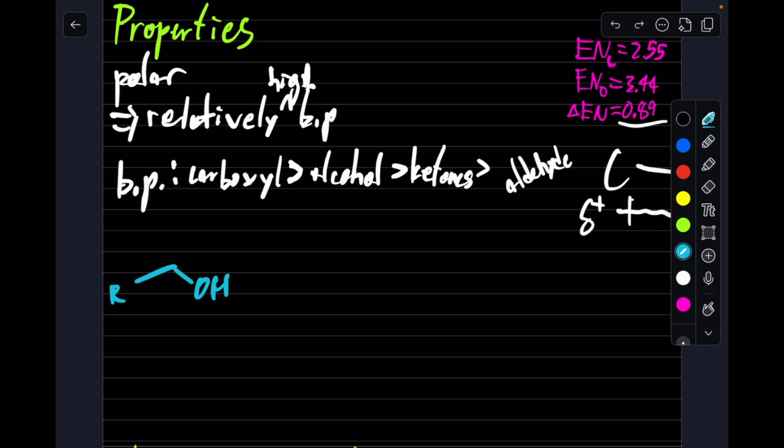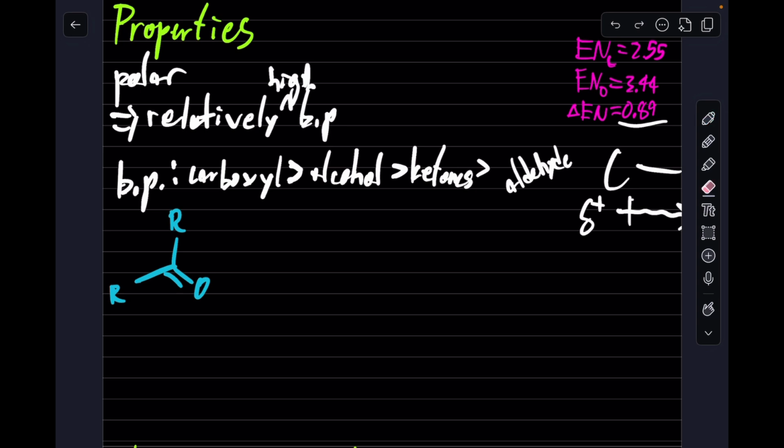Now, ketones have a lower boiling point than alcohols because they do not have that hydrogen bond that alcohols and carboxylic acids did, which means that they only rely on dipole-dipole interactions, which are weaker than hydrogen bonding, and that gives it a lower boiling point.